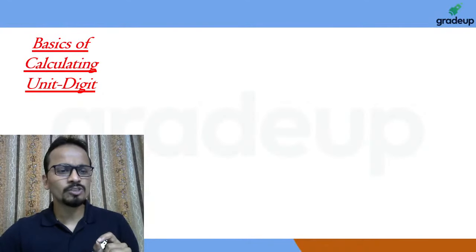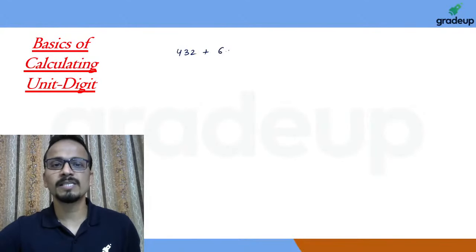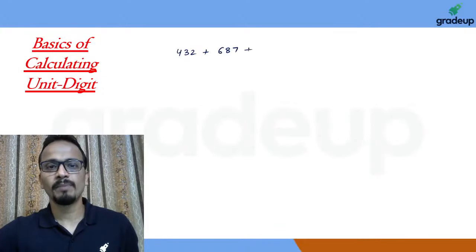Let's say we are asked to find the unit digit in this addition: 432 plus 687 plus 394 plus 735.